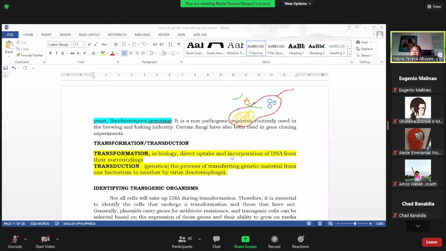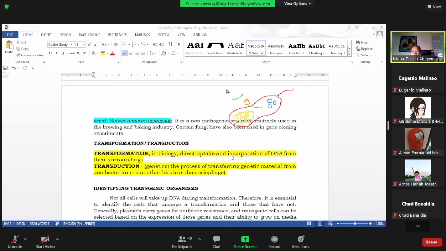It will only inject the DNA with the desired gene, let's say, for example, the human insulin gene. This will then be incorporated into the plasmid. So that is the difference between transformation and transduction.